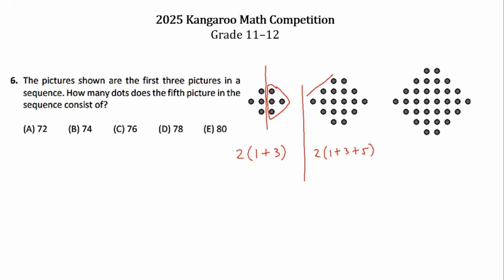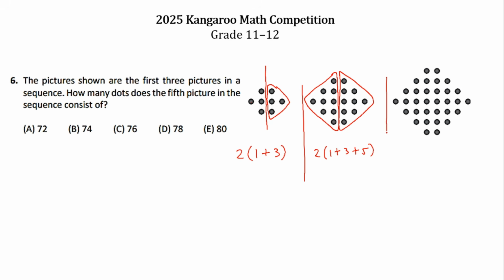Take note, I'm just looking at this part here. Okay, so this part I enclosed with a triangle is 1 plus 3 plus 5, but this one is exactly the same as the left side of the figure, so I multiplied it by 2, right?